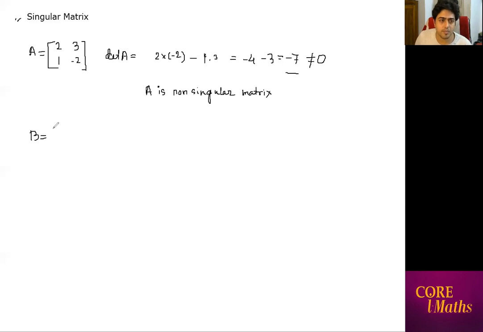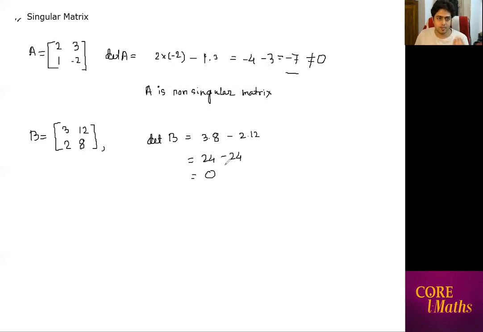Take one more example. B is a 2 cross 2 matrix given: 3, 12, 2, and 8. Find the determinant value. Determinant of B is 3 into 8 minus 2 into 12, that is 24 minus 24, that is 0.